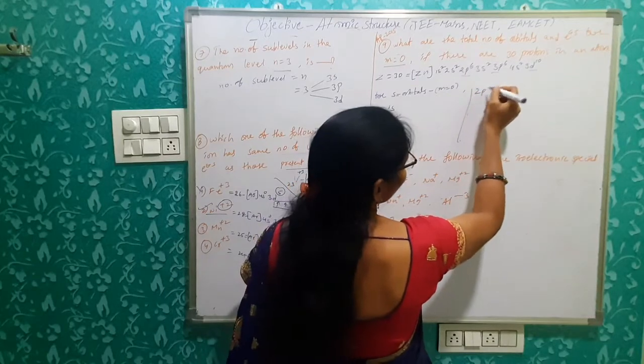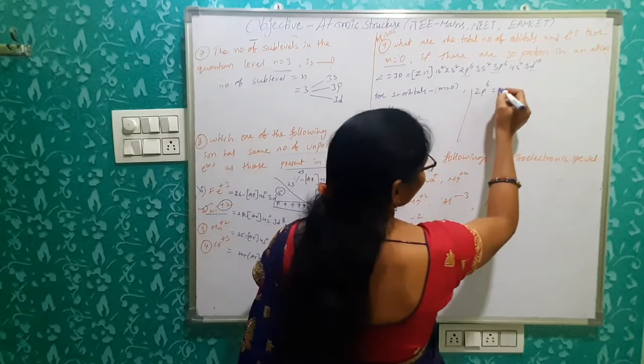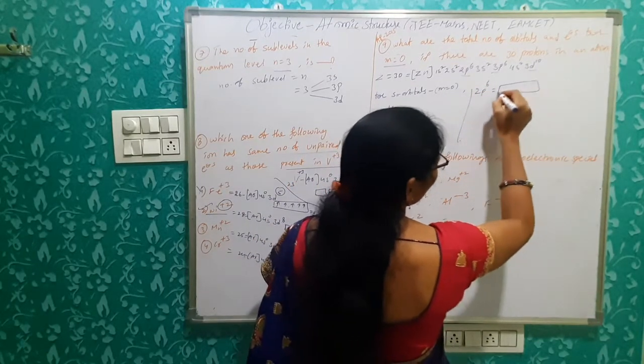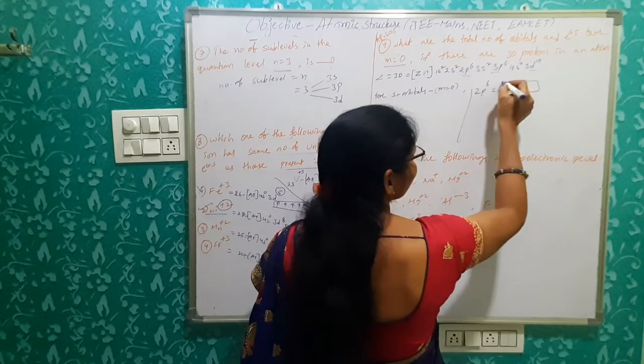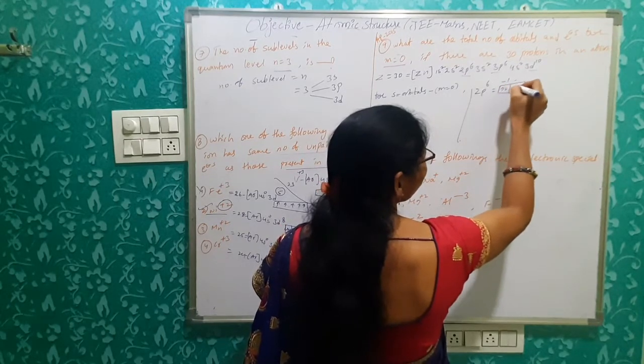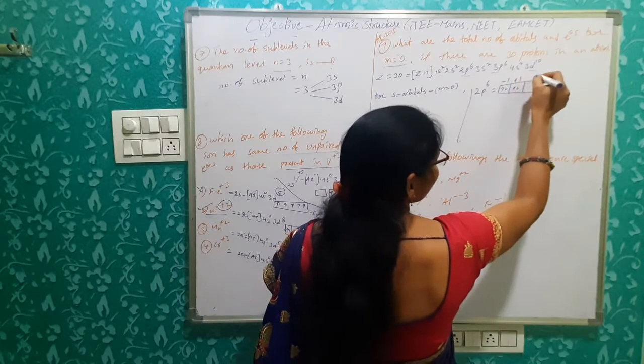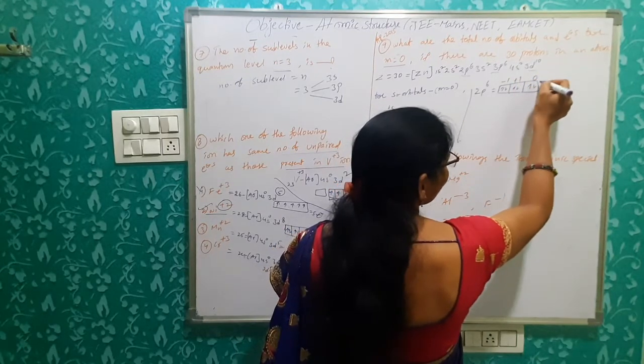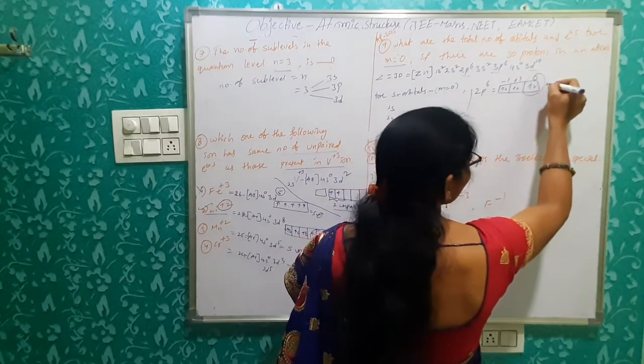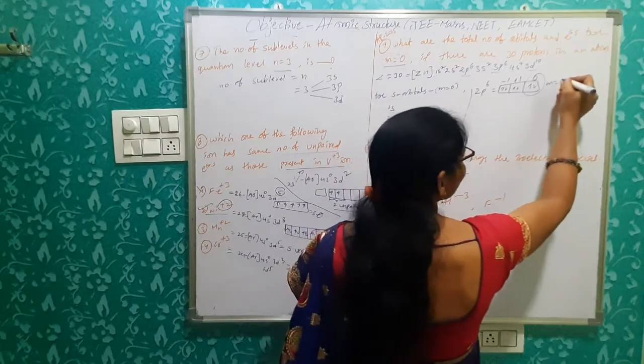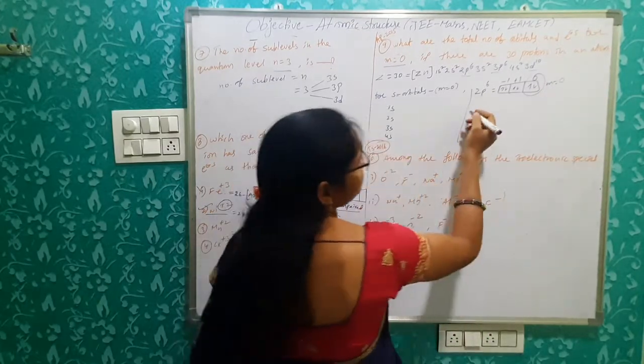2p orbital has 6 electrons, but 2px, 2py, 2pz, so for the z orbital m equals 0. This is the m equals 0 one.